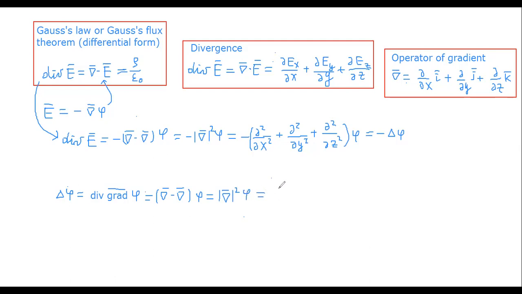And it is also equal to d2 phi by dx second derivative, plus second derivative of phi by y, and plus second derivative of phi by z.